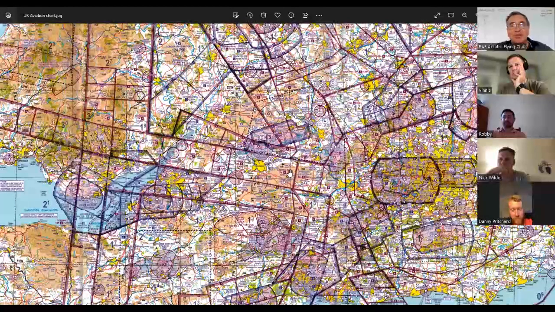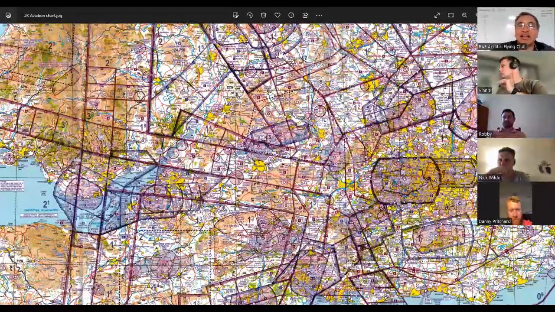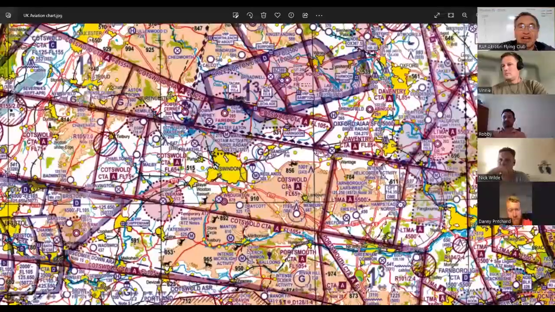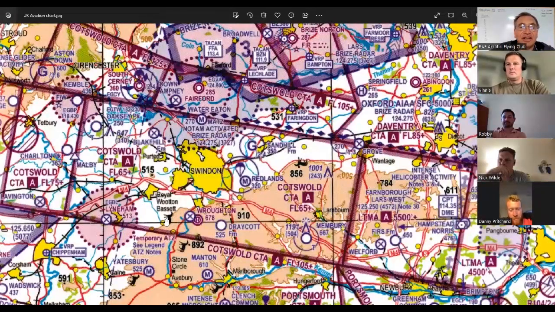That's the Heathrow to America airway that all of the passenger jets are flying in. So if you notice, you can see that all of this area here is Class A airspace. That means no VFR flight is allowed.